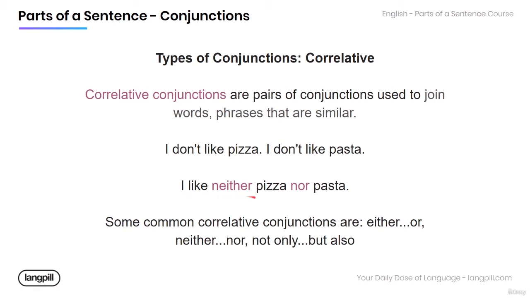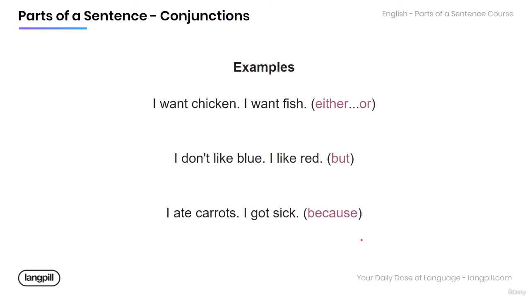I like neither pizza nor pasta. Okay, so here is our correlative conjunction. And some common correlative conjunctions are either or, neither nor, not only, but also. Okay, so these have to be used in pairs, together.